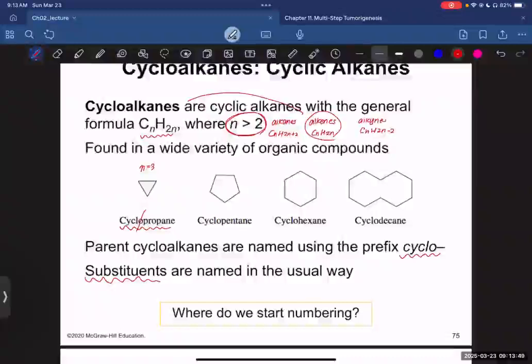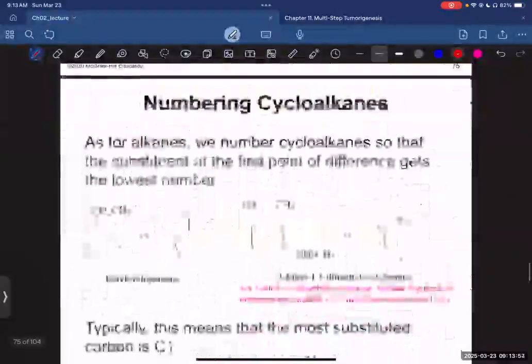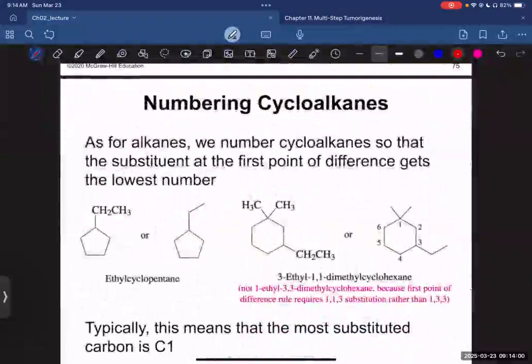But then the question we have to ask is which specific point of that cycloalkane is going to be numbered 1. When we look at this example, we have a situation where we only have one substituent attached to that cycloalkane. In that case, that first point of difference is going to get the lowest number and therefore is going to be given locant number 1.